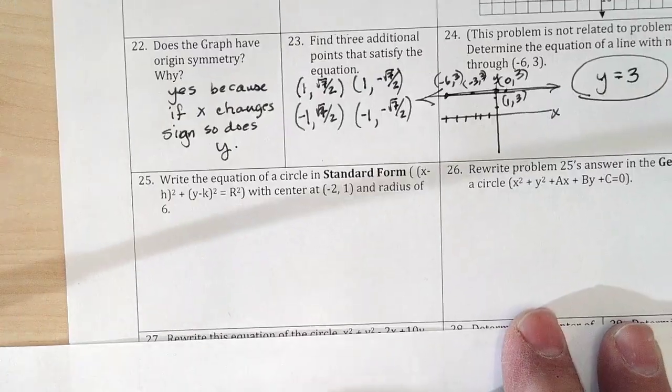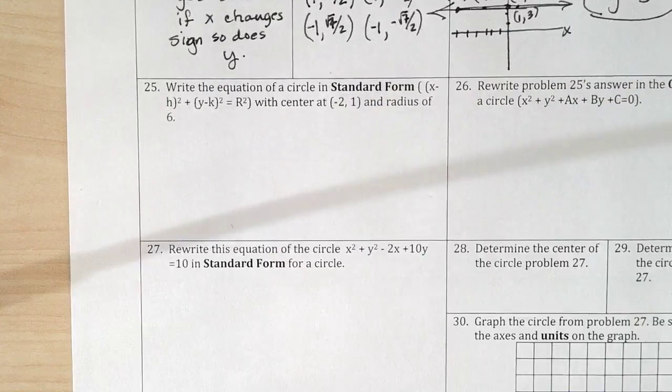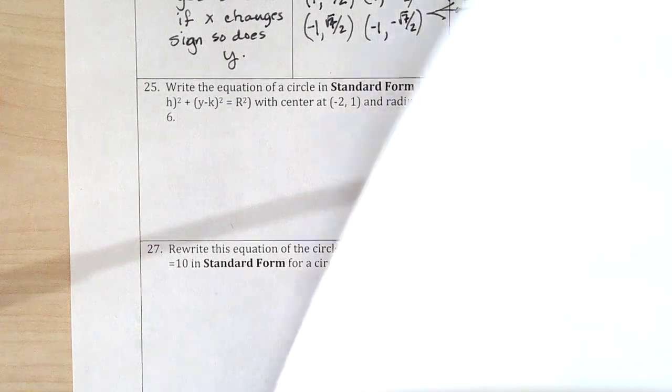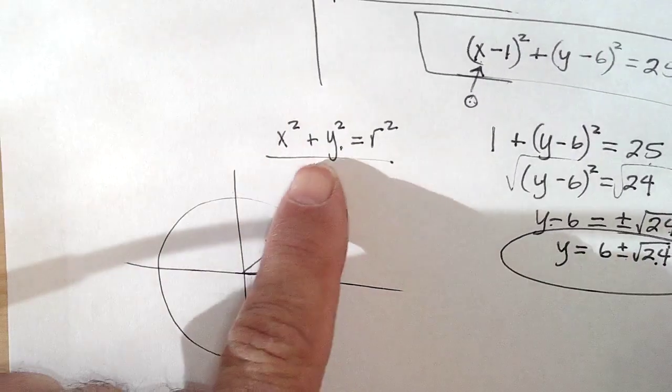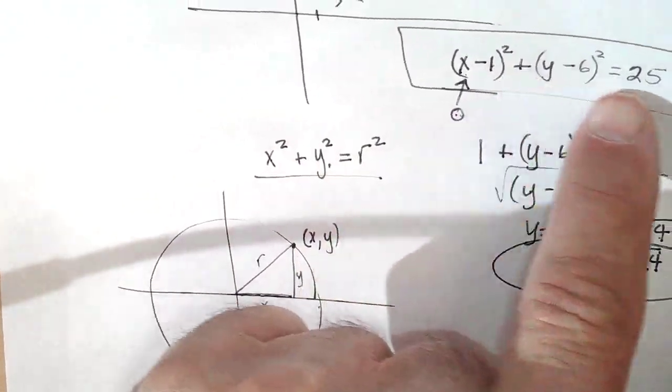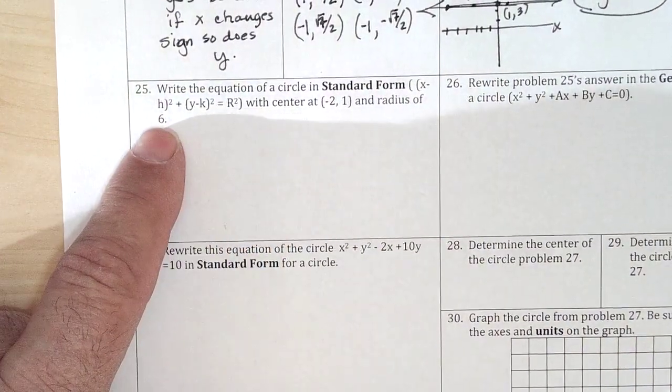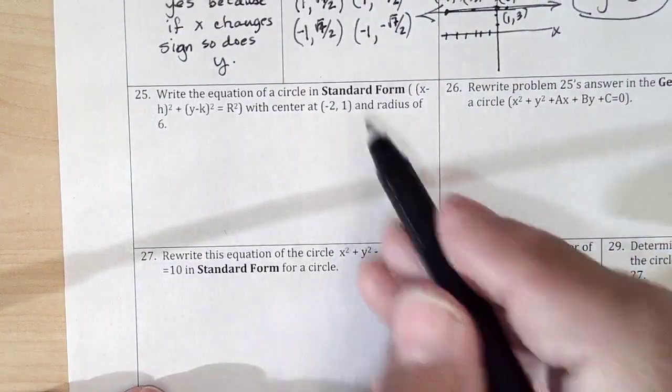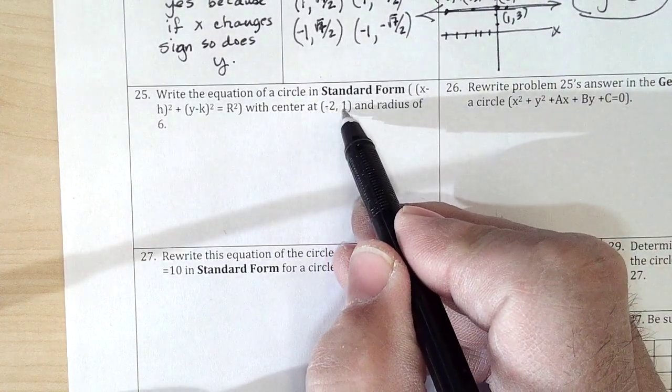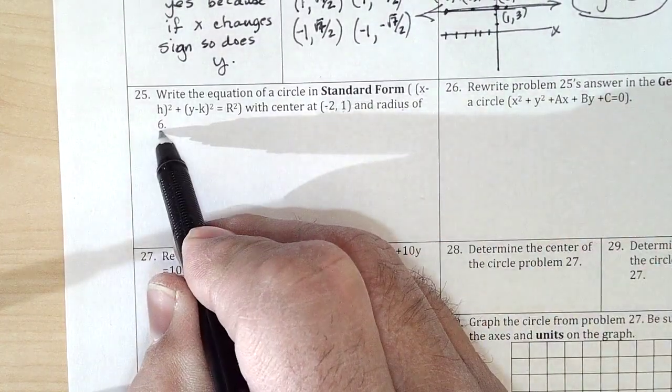Now, as I did earlier, I talked about a circle, and what if you move the center? Well, here we have the center at (-2, 1) and a radius of 6.